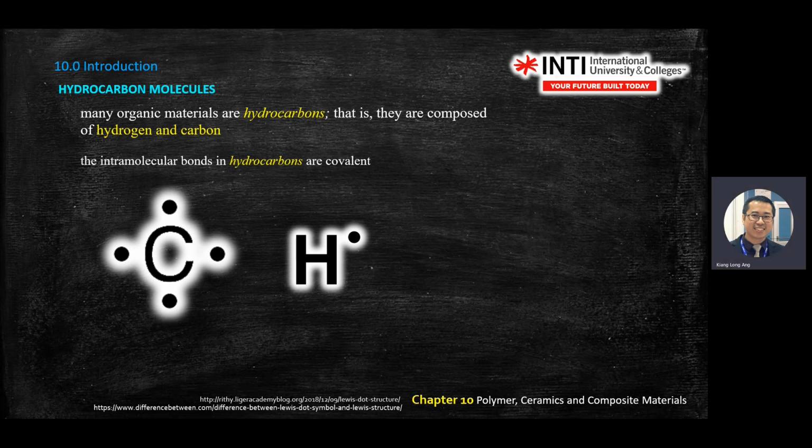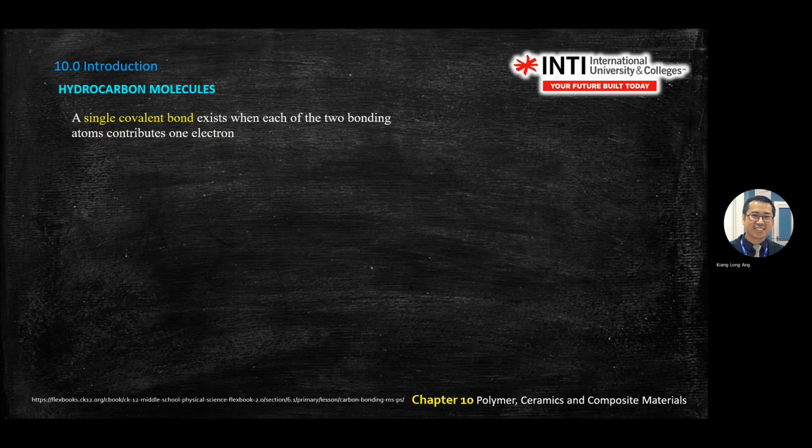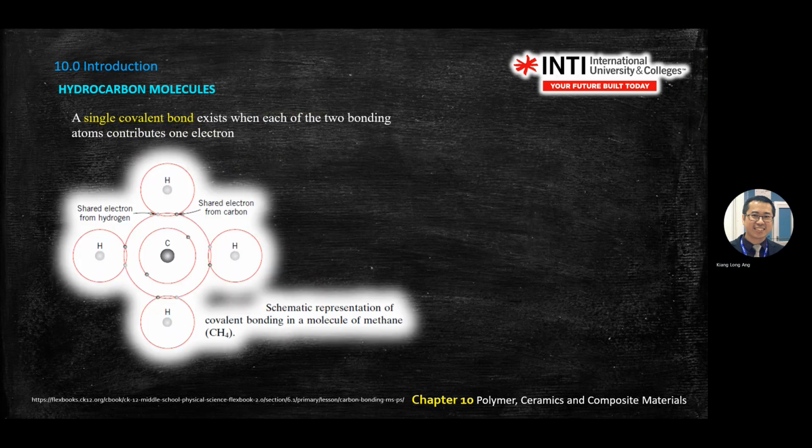The bonding for hydrocarbon is covalent bonding. So what is covalent bonding? You have C and H in hydrocarbon. In this one, you have CH4, so you have 4 hydrogens around the carbon. They are sharing the electron.